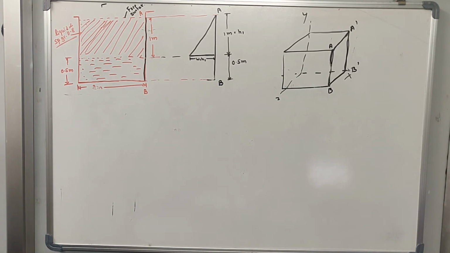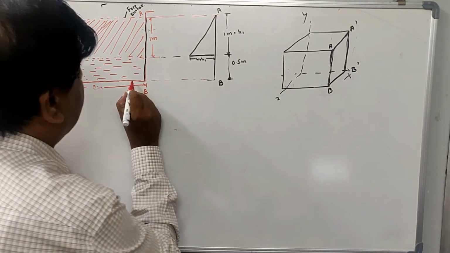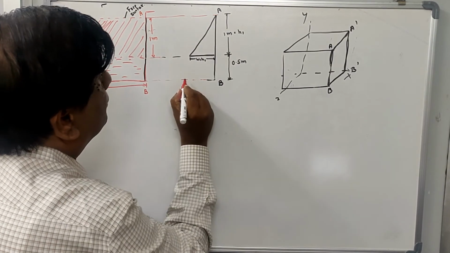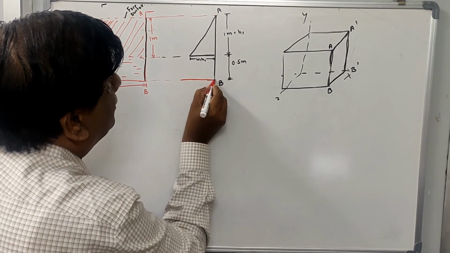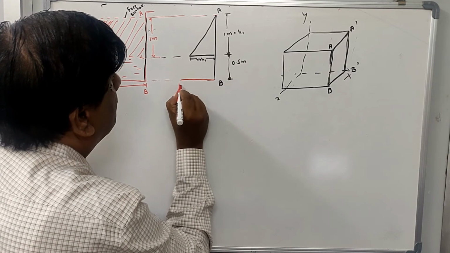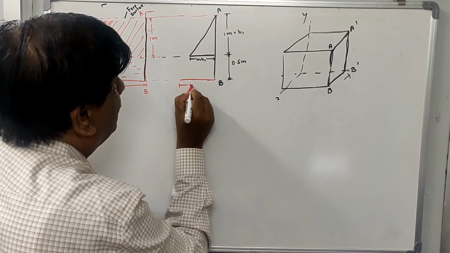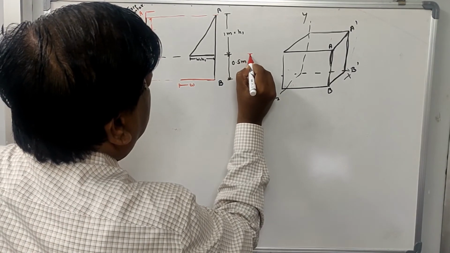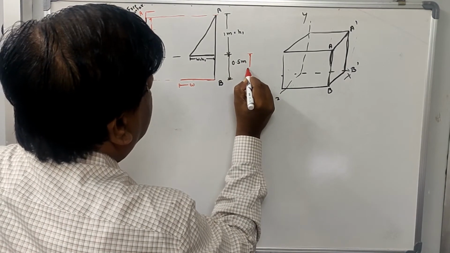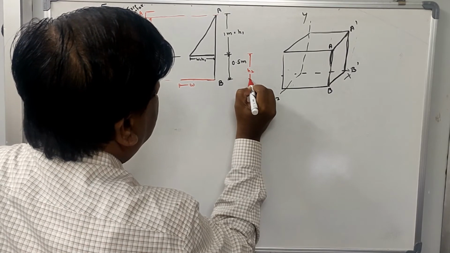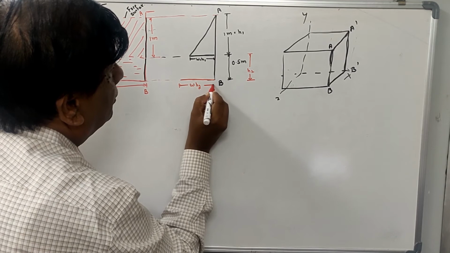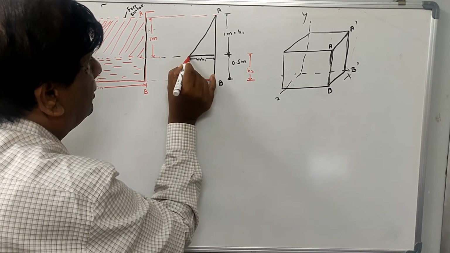Then at this level, at the bottom, the liquid is water. So this pressure is equal to W, and I will take this height as H2, which is equal to 0.5, so WH2, and I am going to join this.